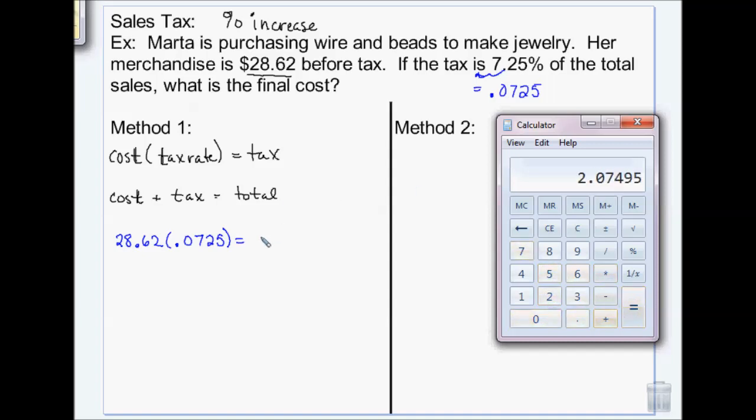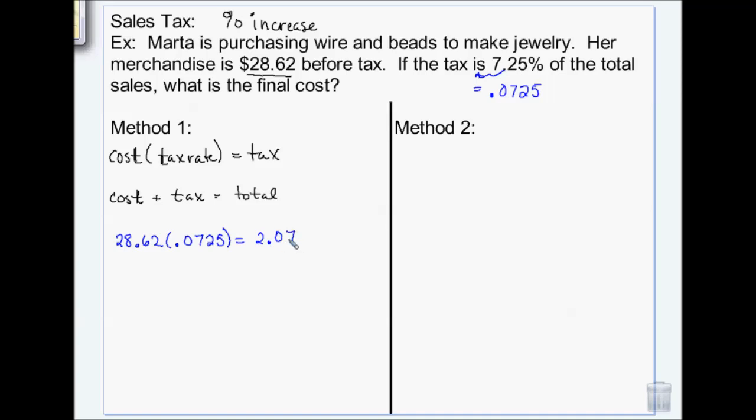And I get $2.07. Now, if you're talking about money, you never go past 2 decimal places because we don't deal in portions of pennies, right? Okay. So then I take my cost again, $28.62, and I add it to the 2.07. And so my total is going to be $30.69.